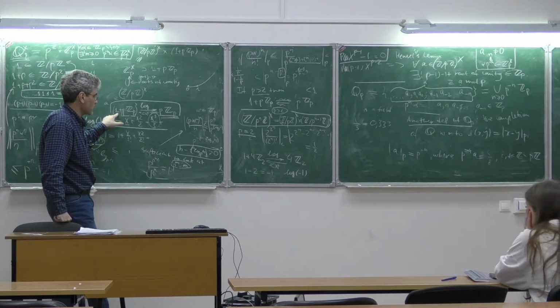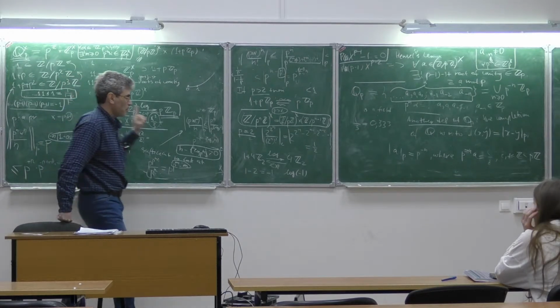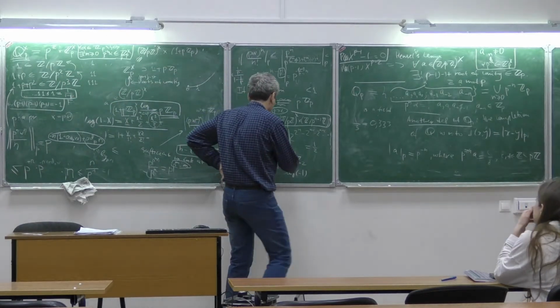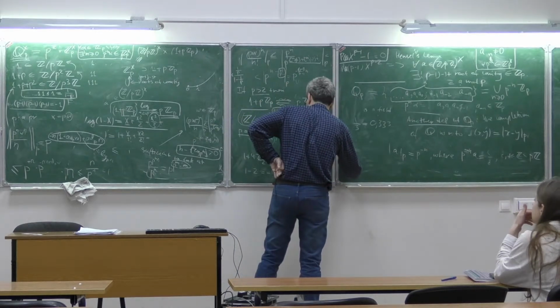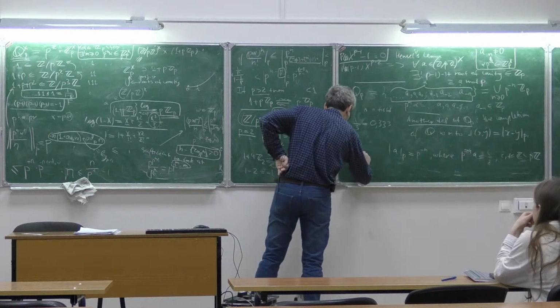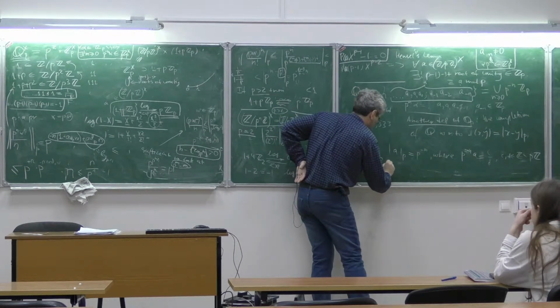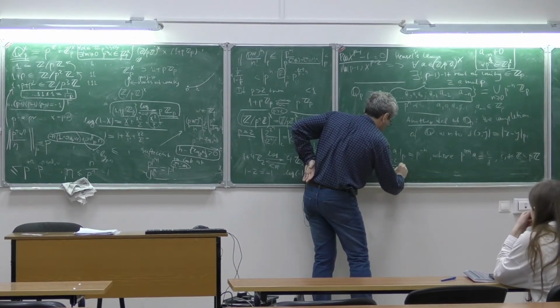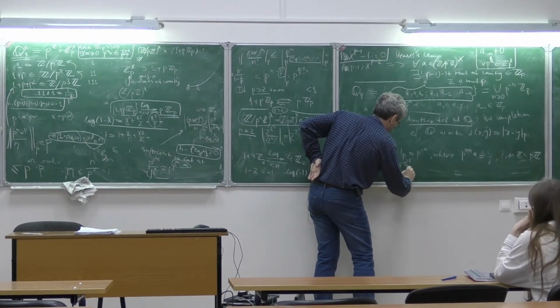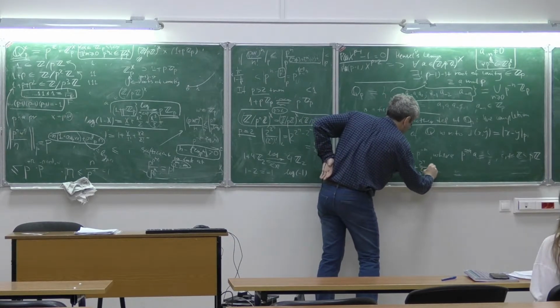So the question is, what is the logarithm of minus 1? Maybe I should write minus logarithm of minus 1. This is 2 plus 2 squared over 2 plus 2 cubed over 3 plus 2 to the fourth over 4.